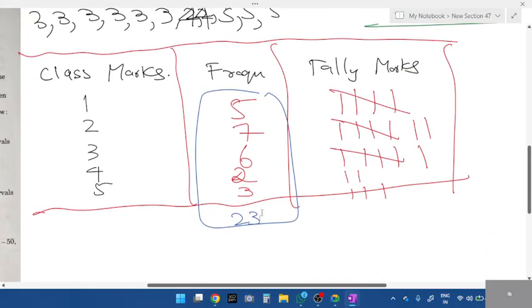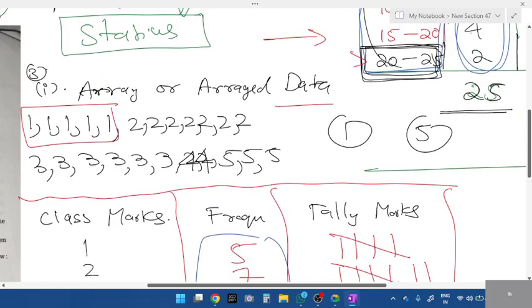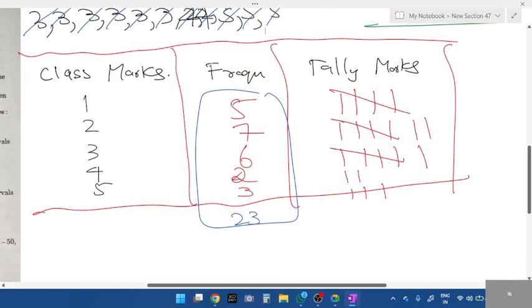In order to check whether this is right or wrong, count all the numbers, 1 to 23. Are there 23 numbers? Which means your answer is also correct. This is how you write a frequency distribution table.